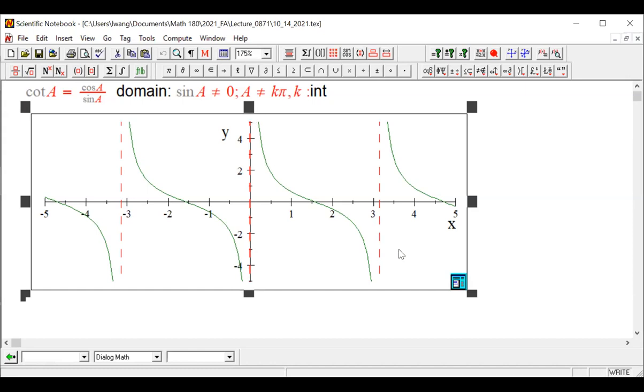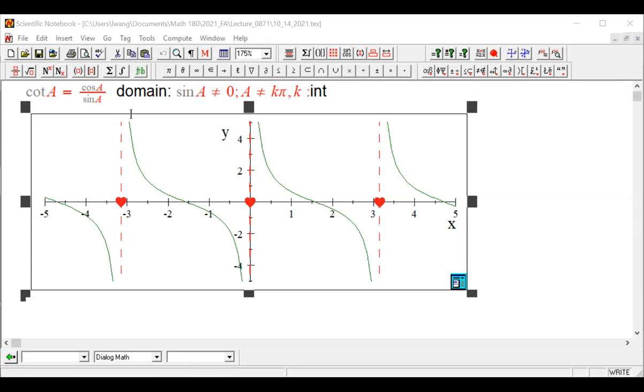So the pieces are between the vertical asymptotes. And of course, you can imagine we're going to choose the simplest one. But before we move forward, I wish you guys to give me some markings. Can you mark these points for me and give me the vertical line equation?